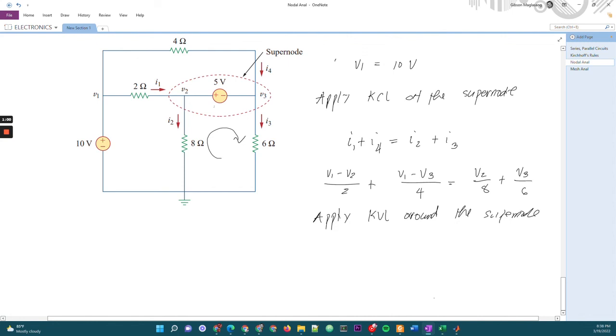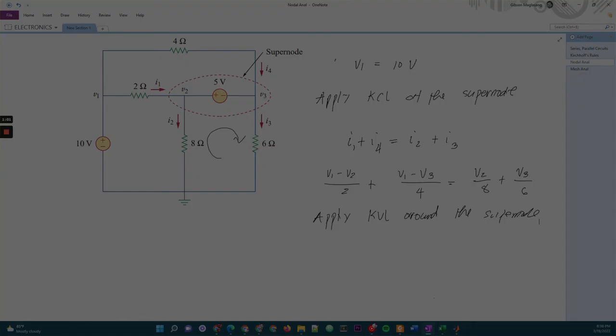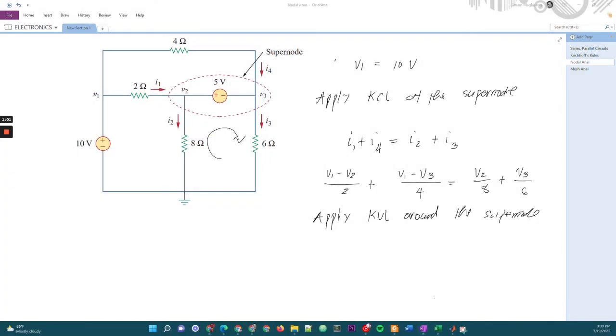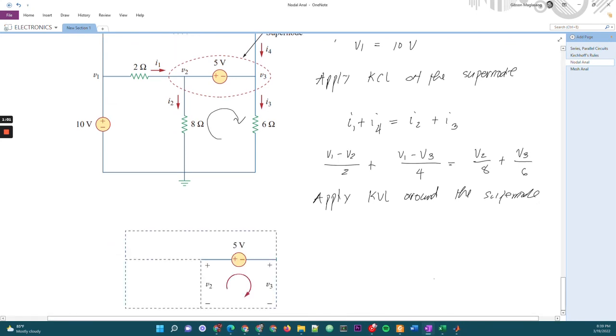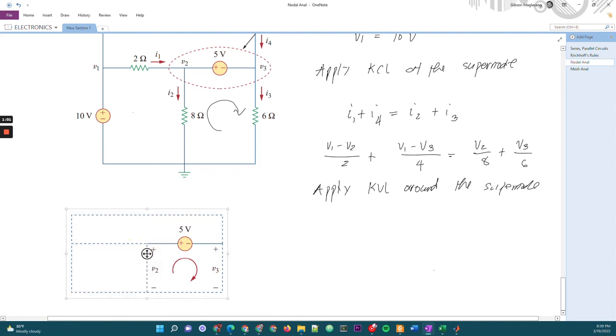So to simplify that, take a look at this circuit. It is simplified now.